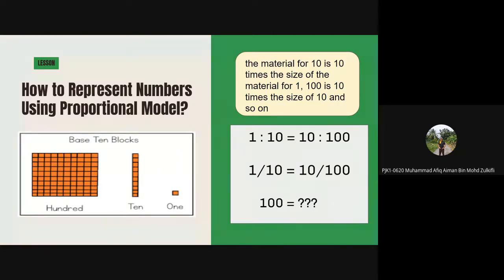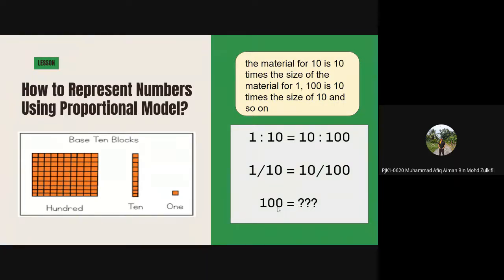So you can see in this square, 1:10 equals 10:100. When we write in fraction form, 1/10 is equal to 10/100.